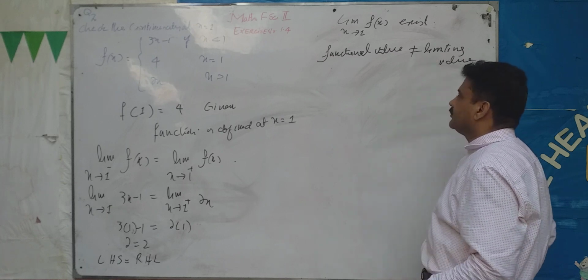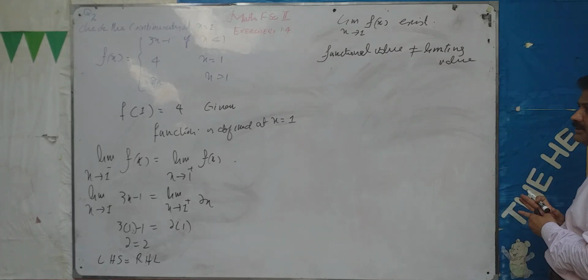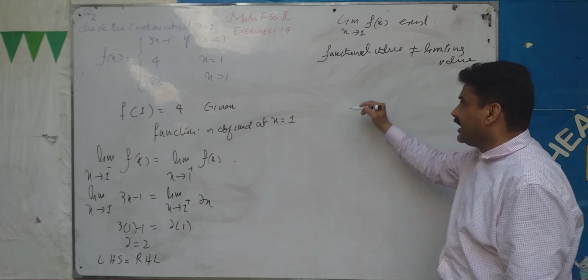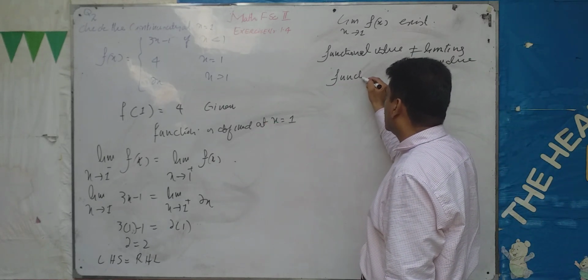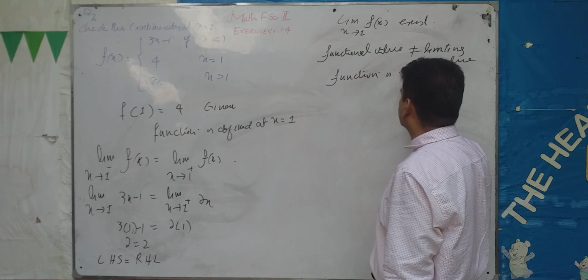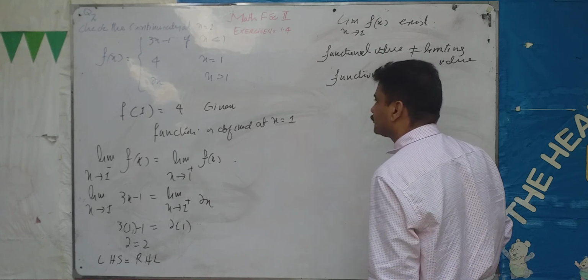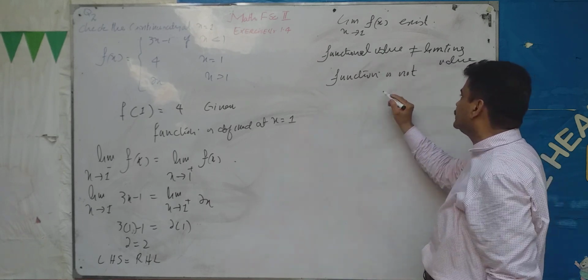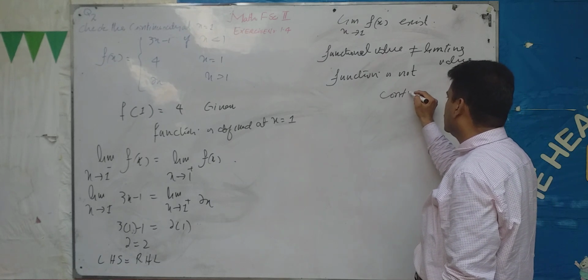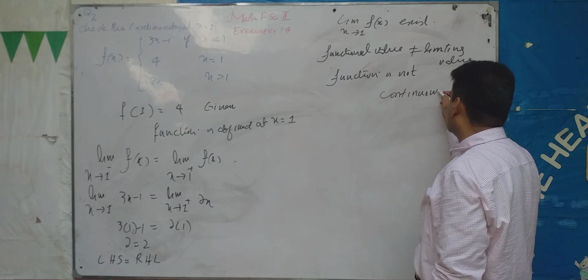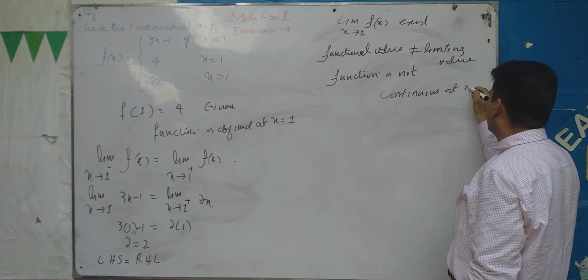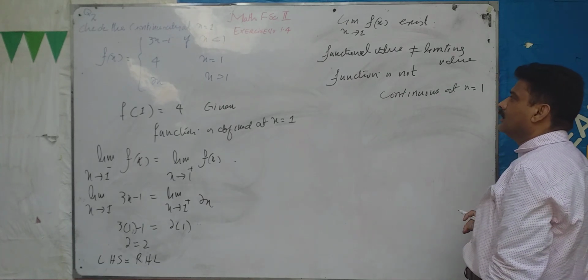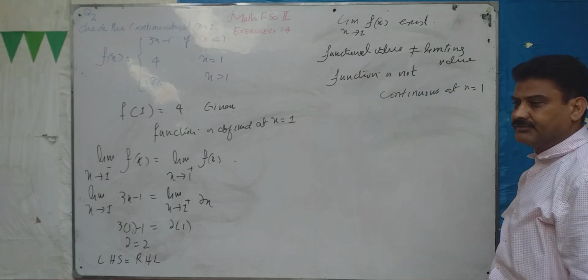Hence, since the limiting value and function value are not equal, we can say that the function is not continuous, or discontinuous, at x equal to 1.